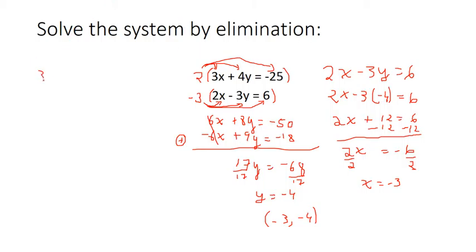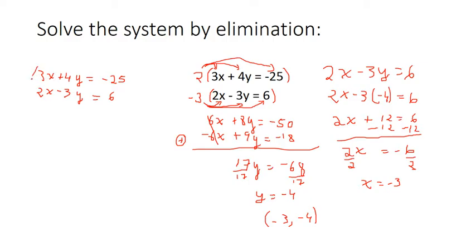So I have 3x plus 4y is equal to negative 25. And I have 2x minus 3y is equal to 6. So what I'm going to do this time, I'm going to eliminate the variable y.